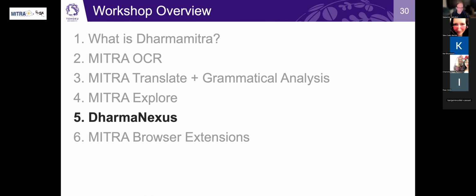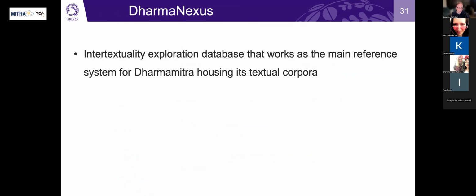Now moving on to the Dharma Nexus database. I will say a few words about this, and maybe we can look at it more in the interactive session later. Dharma Nexus is basically an intertextuality exploration database that works as the main reference system for Dharmamitra and houses the textual corpora of the data that we have on our system.